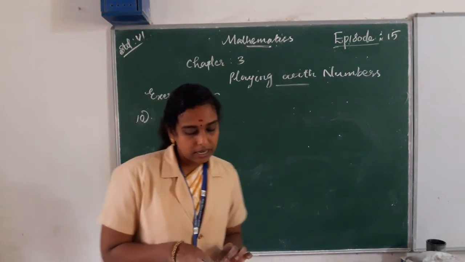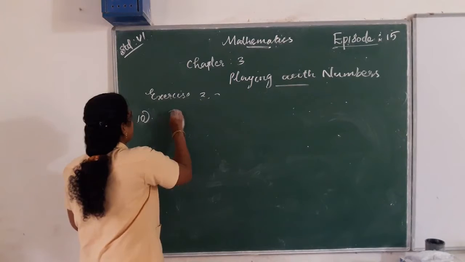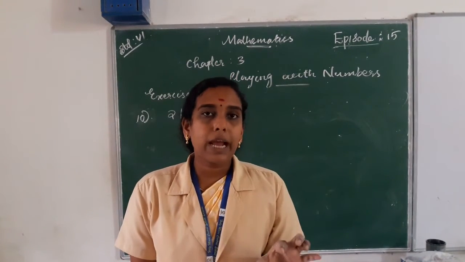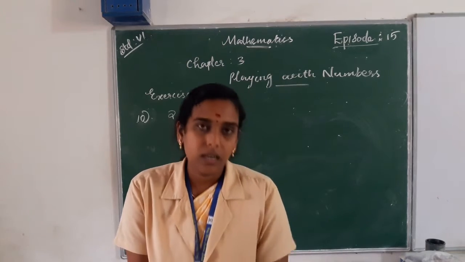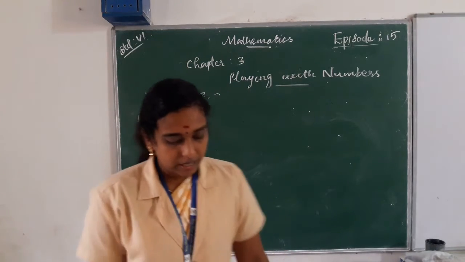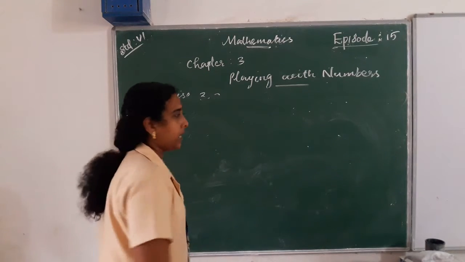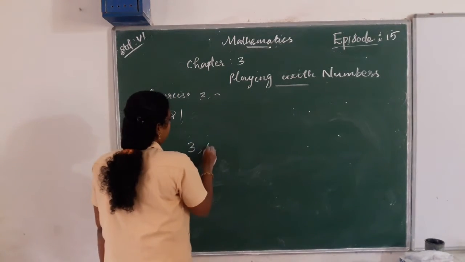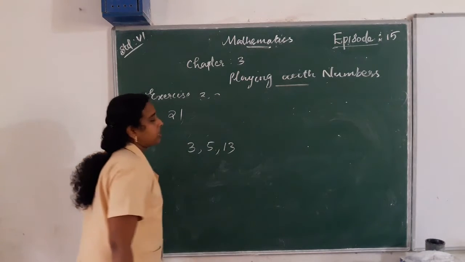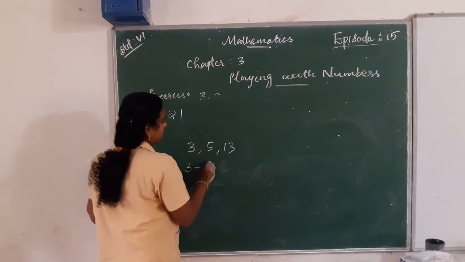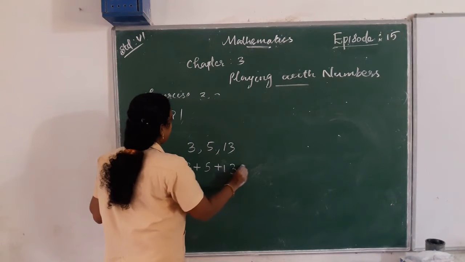Okay. So the first one is 21. Which of the prime numbers add up to 21? That is the odd prime numbers 3, 5 and 13. 3, 5 and 13 are odd prime numbers. When we add 3, 5 and 13, then we get 21.